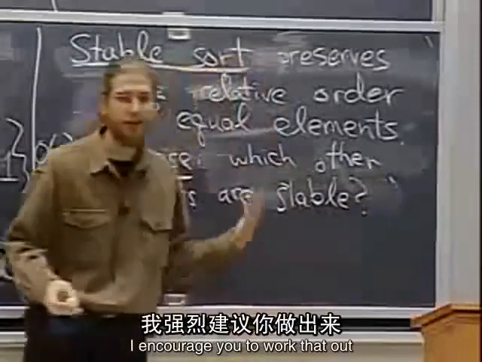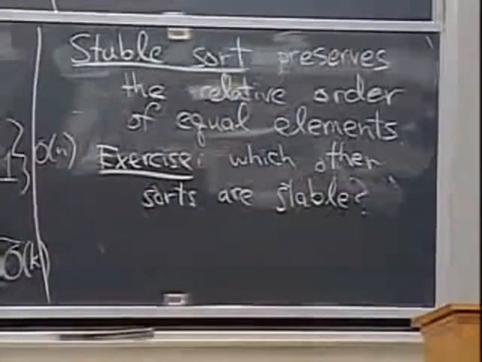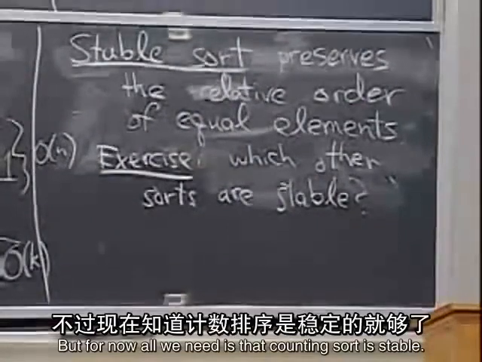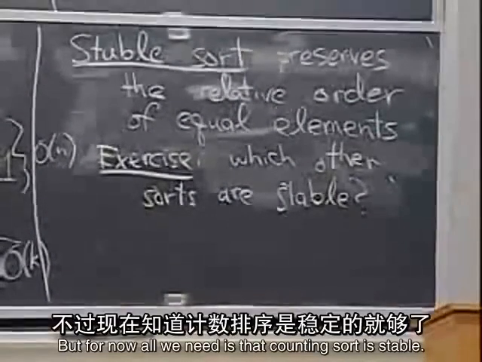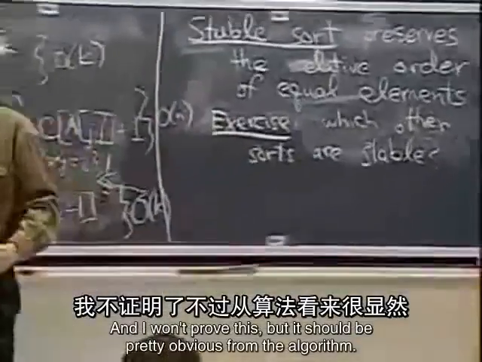I encourage you to work that out because it's the sort of thing we ask on quizzes. But for now, all we need is that counting sort is stable. I won't prove this, but it should be pretty obvious from the algorithm.